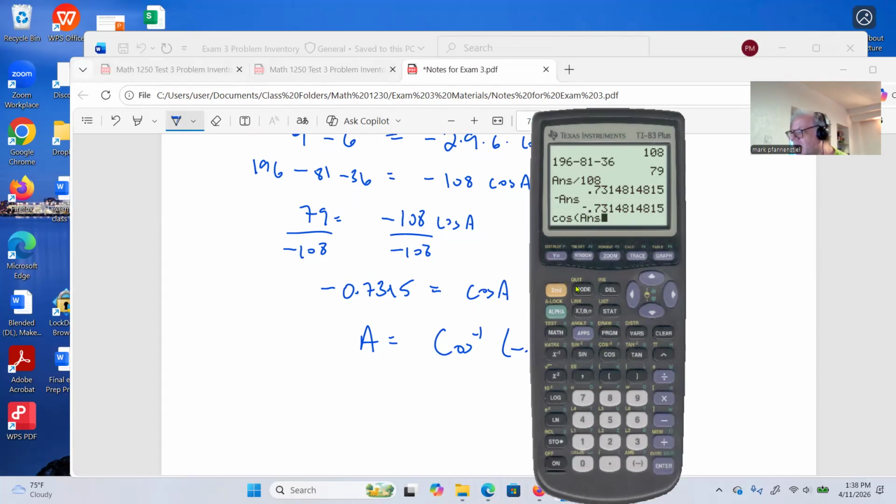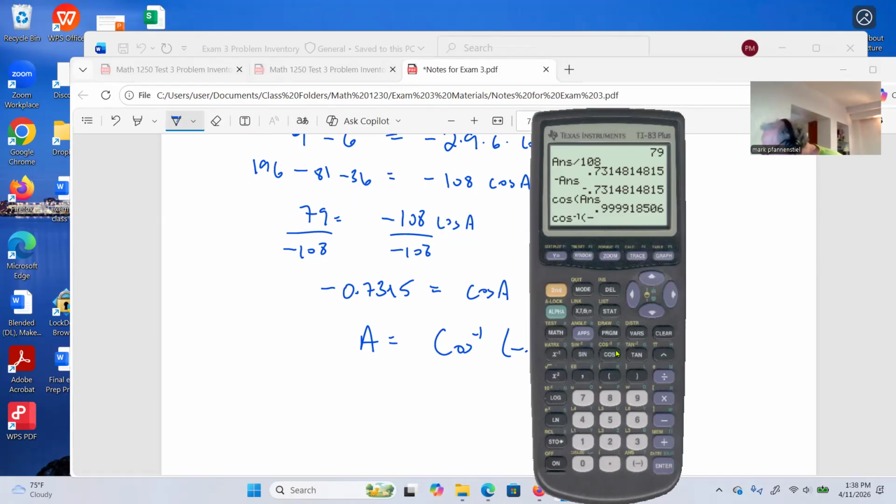One thing I'm going to do is double check to make sure I'm in degrees. I sure am. But that's not right. Let's double check this one time here because that doesn't strike me as correct. Let's go second function, inverse cosine. I'll just type it in.